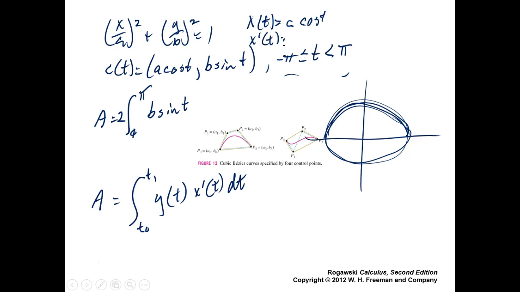Any guesses? Okay. A little louder. I heard sine. A times the sine of t, one little minus, a negative a times the sine of t dt, basically.